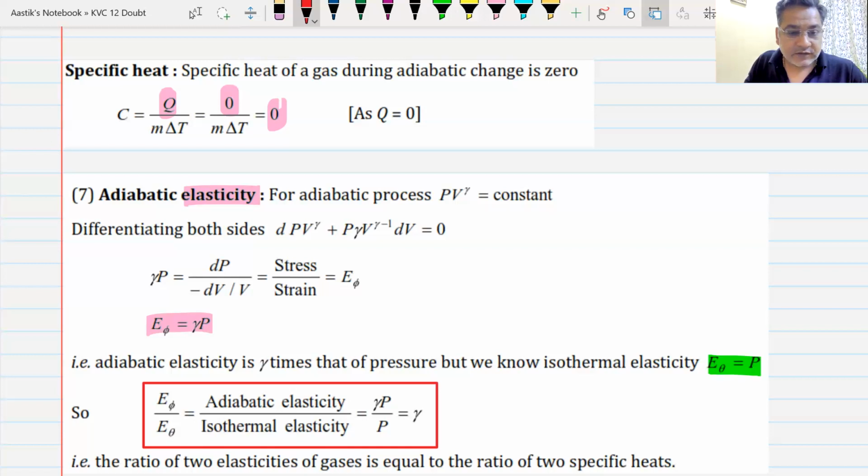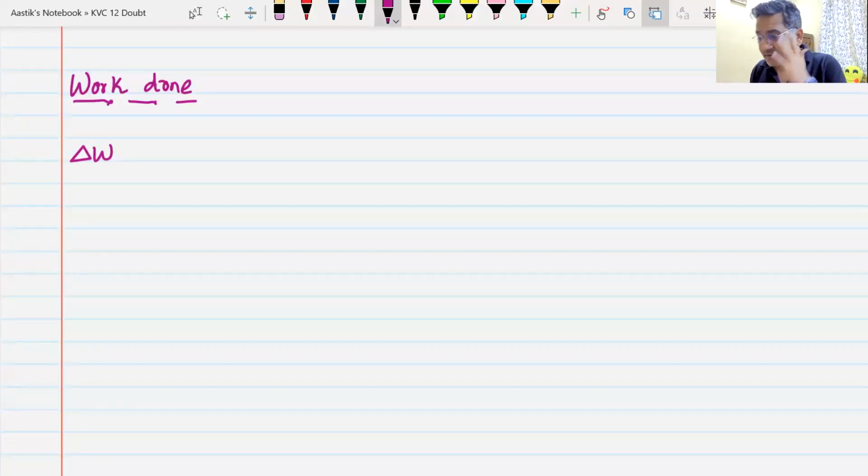Okay. The next one is work done in this process, and no prizes for guessing this. Who is going to tell me the work done in this process? Tell me.